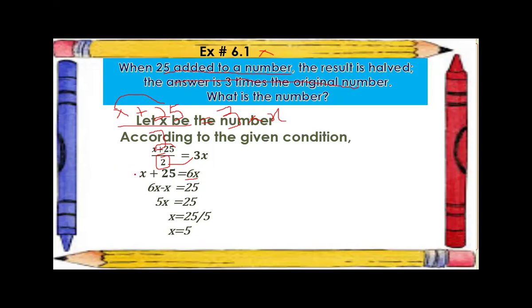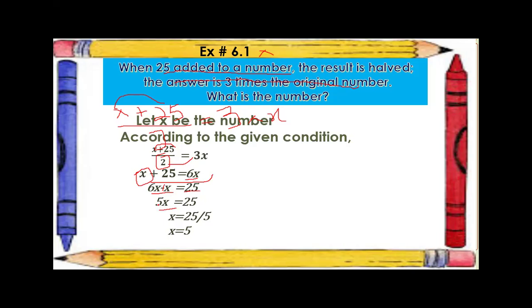So this x is adding with 25. When it moves to the right hand side, it becomes 6x minus x, like this. 25 will be written as it is. It is 6x minus x, that is 6 minus 1x. 6 minus 1, 5x, right?